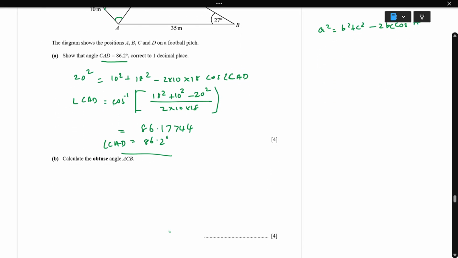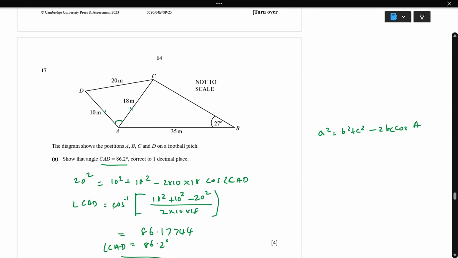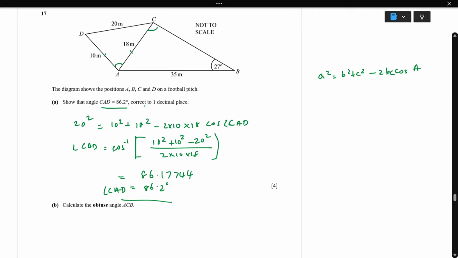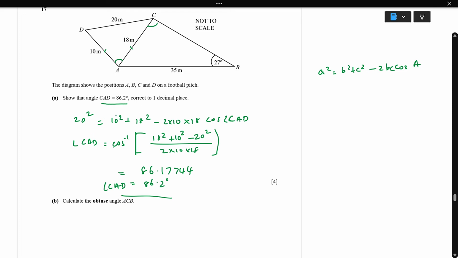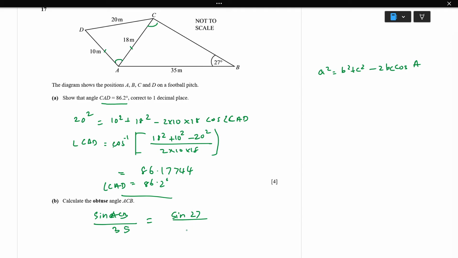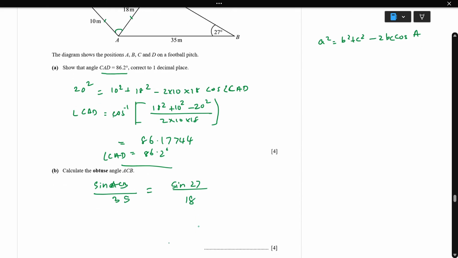The next one, calculate the obtuse angle ACB. Where is ACB? Here. Now a pair is given, so I can use the sine rule. What is the sine rule? Sine of angle ACB over 35 equals sine 27 over 18, the opposite side.